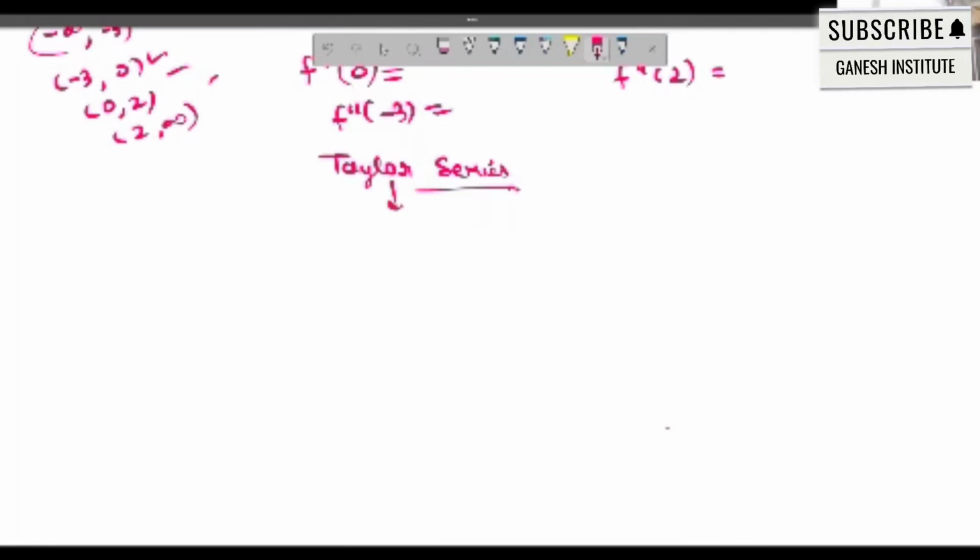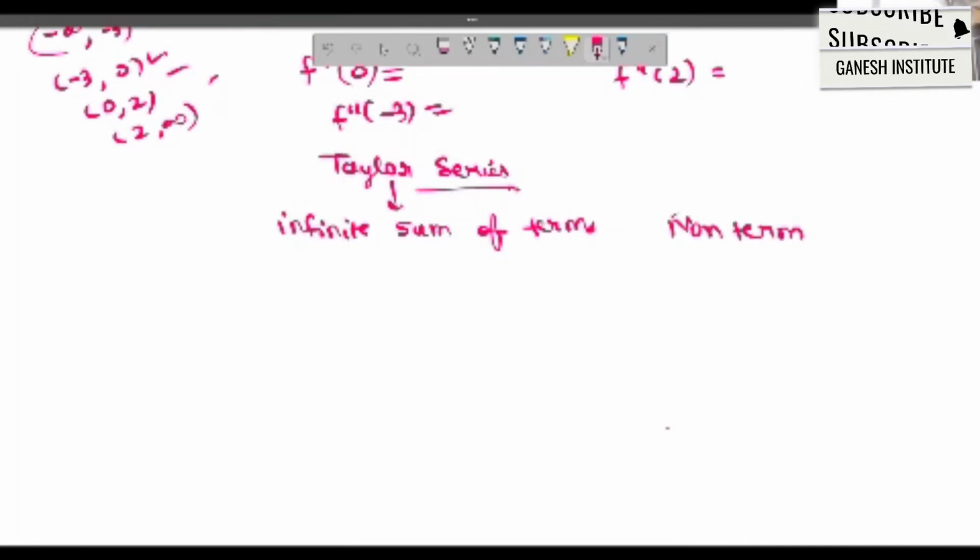Okay, basically, Taylor has derived it in order to find out the infinite sum of terms. You'll find that every particular term is getting larger and larger. For example, if you have non-terminating, non-repeating terms, let's say, and if you want to find their values, what will be the exact value, let's say up to 5 decimal places?